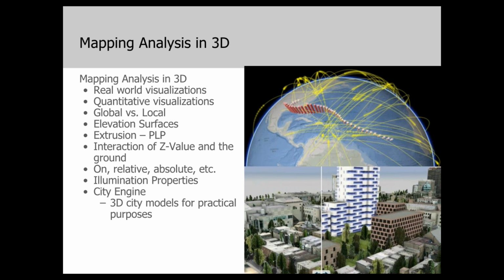And then finally, one thing I want to really talk about when we mention 3D is another product from Esri called City Engine. All the really cool, realistic city stuff you see is being done through City Engine, and essentially it uses procedural modeling, so rules and styles, to generate very realistic 3D cityscapes.